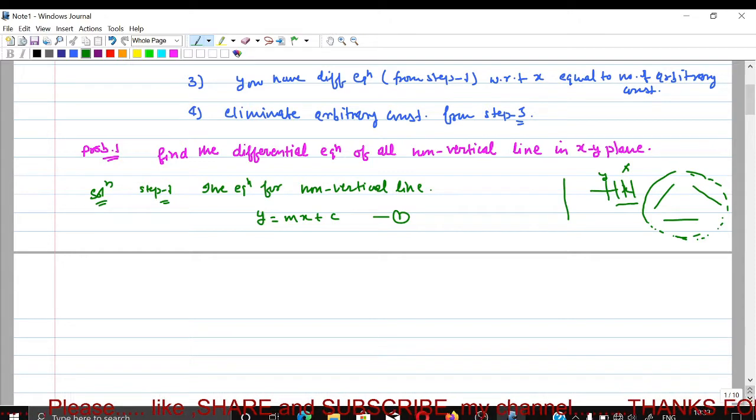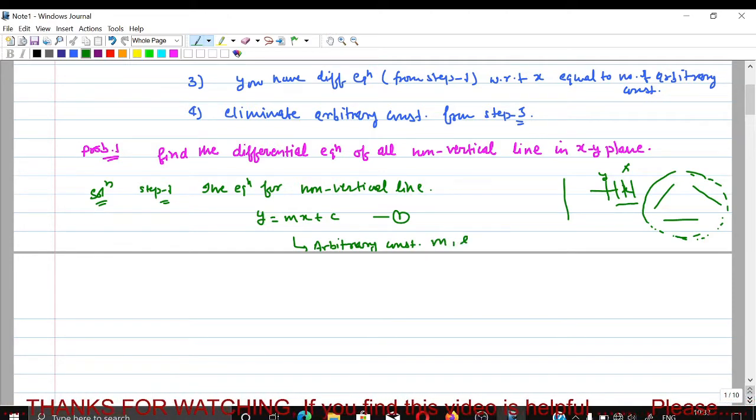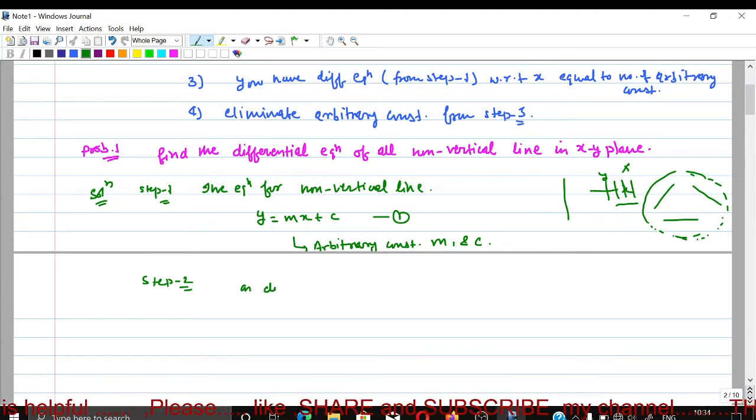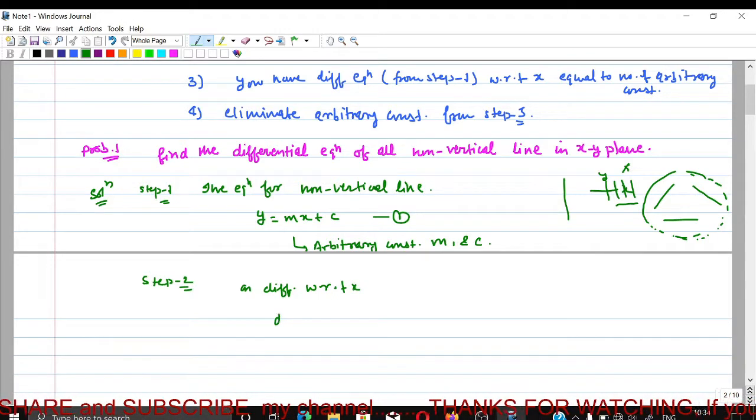So our next step, and here you are observing m and c are the arbitrary constants. Here we have two arbitrary constants. It means we have to differentiate the given equation two times.